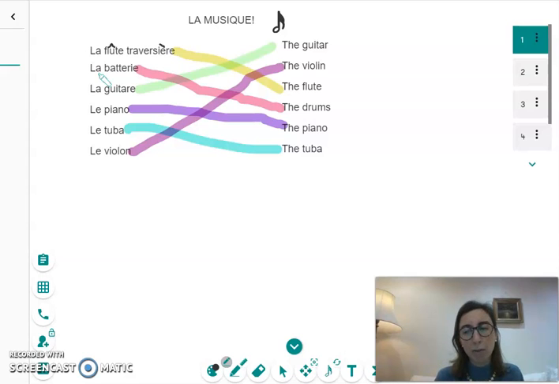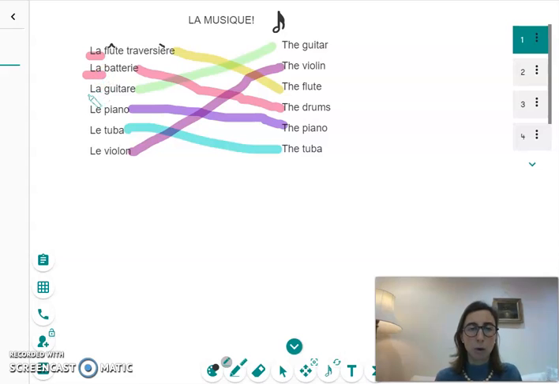We also have plural, which means more than one, but today we're just going to focus on those two categories, masculine and feminine.